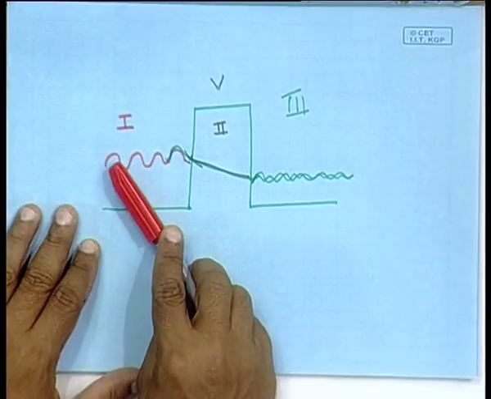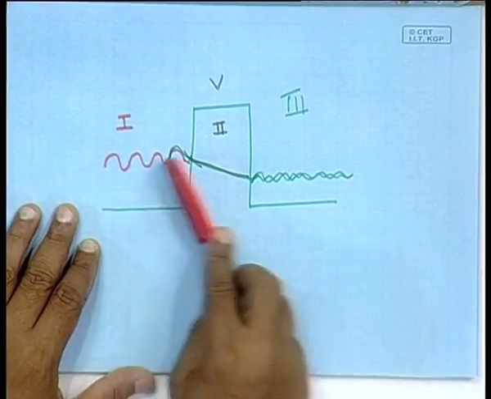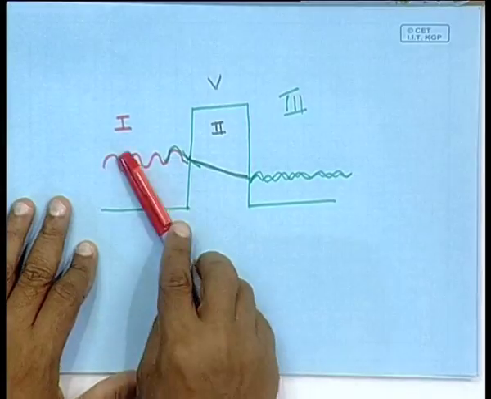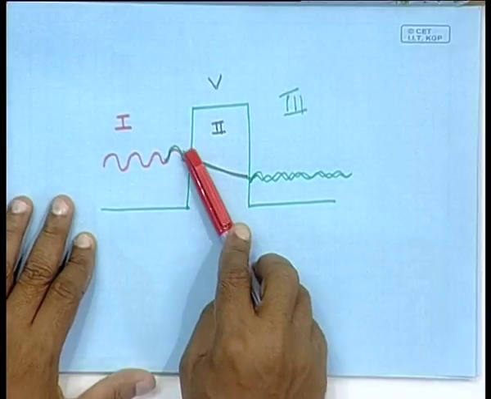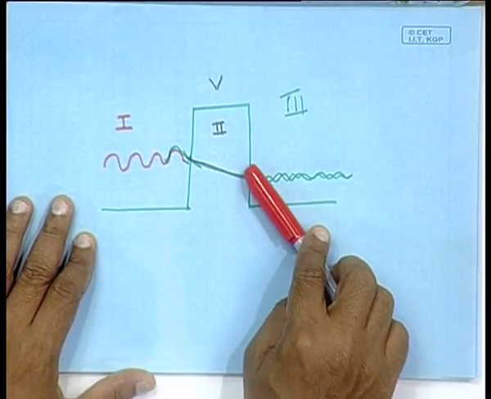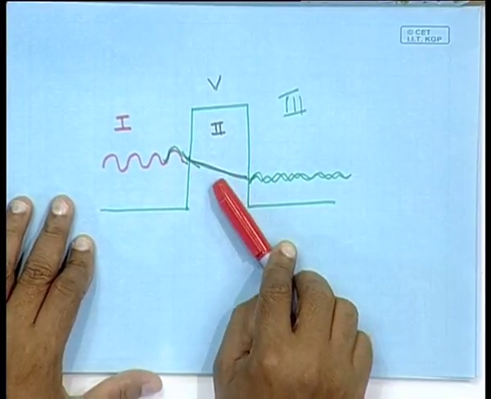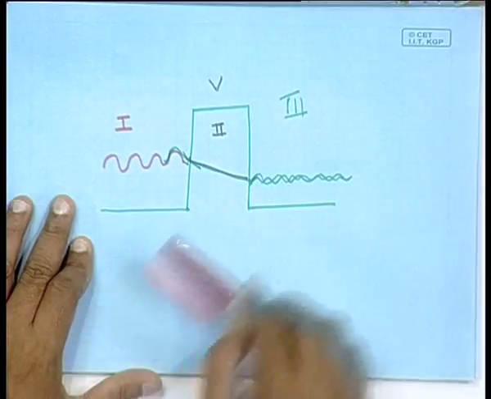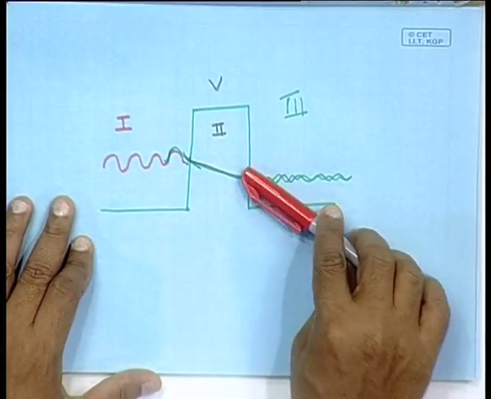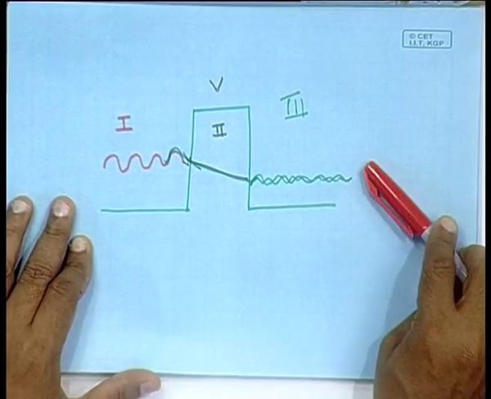This arises because you have now a wave description, and there is a possibility that a part of the wave actually penetrates through, because in this region the wave function does not abruptly go to 0, it decays exponentially. And then once it comes here, again you have this oscillating solution.